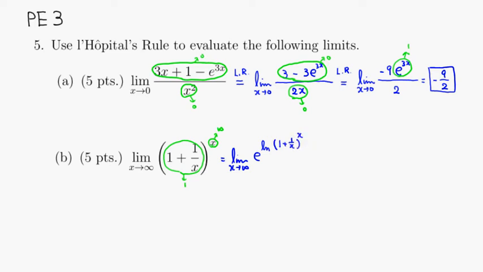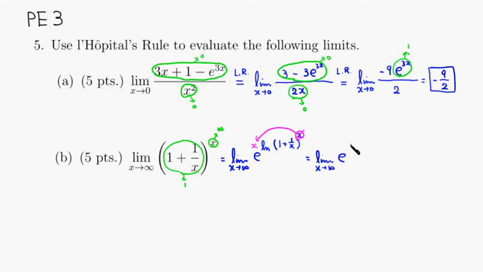We can move this power in front, so I'm going to scratch that out and put x here. But multiplying by x is the same as dividing by its reciprocal, so I'm going to write it this way, since I want a fraction or quotient form.